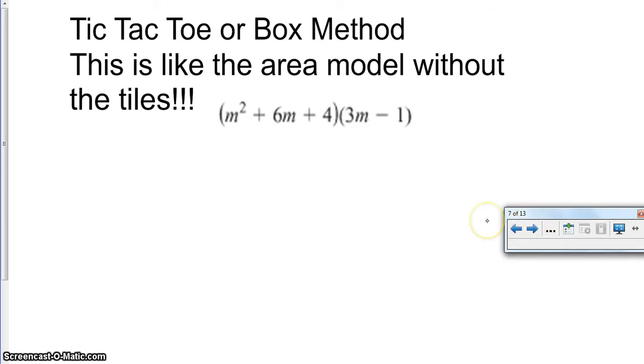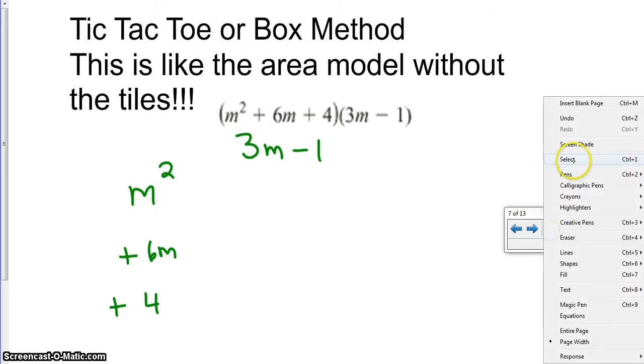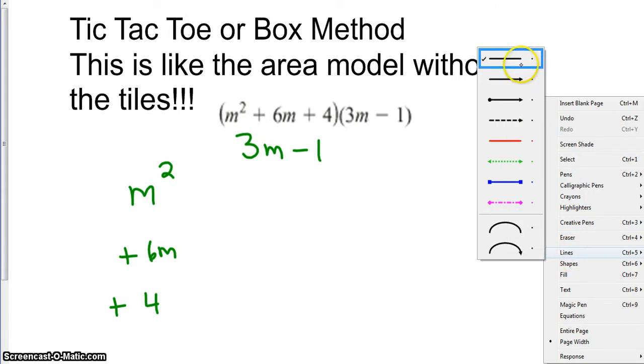Now, what about the tic-tac-toe or box method? This is like the area model without the tiles. The first thing that I do is I write the first factor. Then I write the second factor. And then I make a funny looking box.